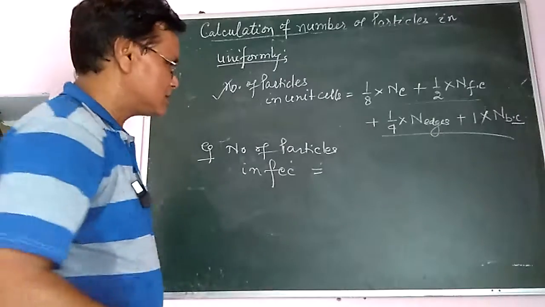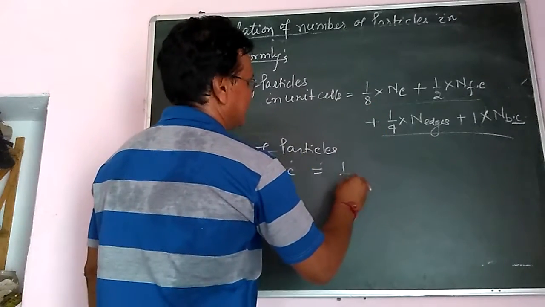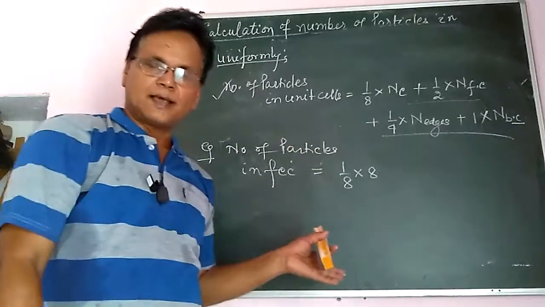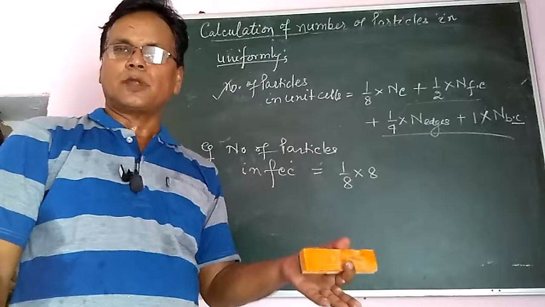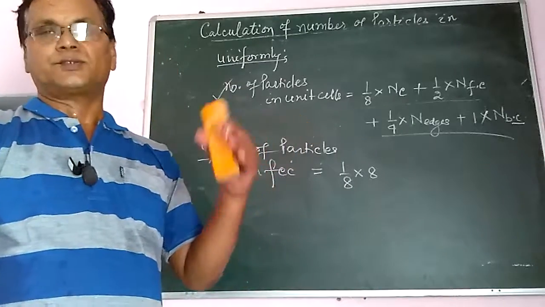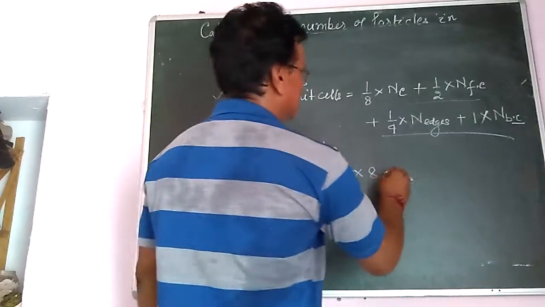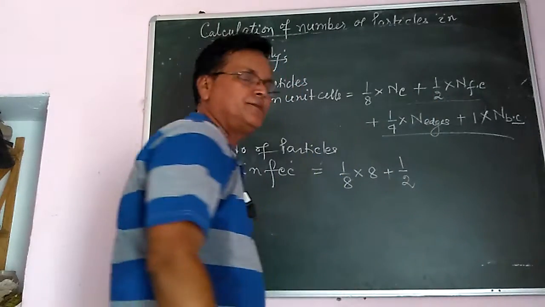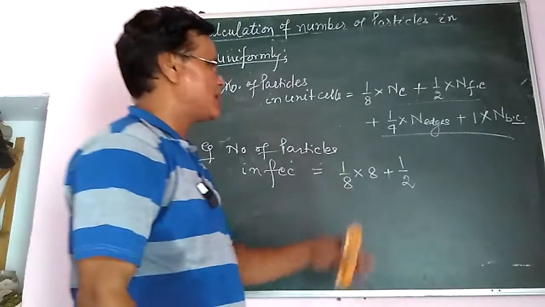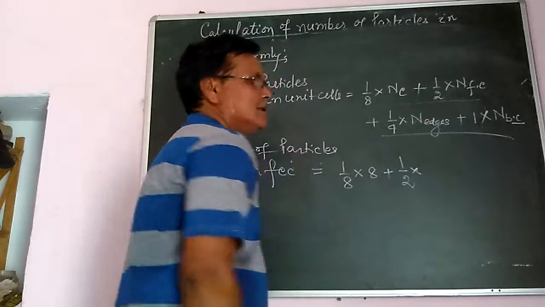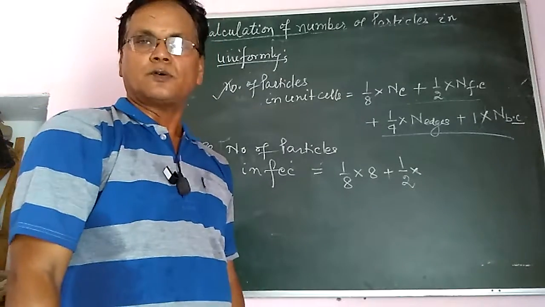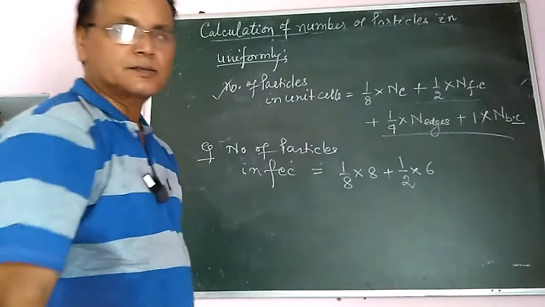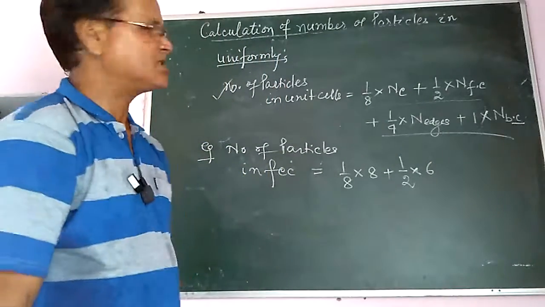There are 8 corners, so 1/8 into 8. The particles also lie at the center of each face. The contribution of 1 particle is 1/2, and the total number of particles would be 6 because there are 6 faces. So 6 into half for each particle.